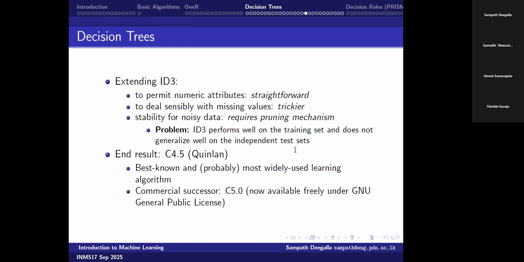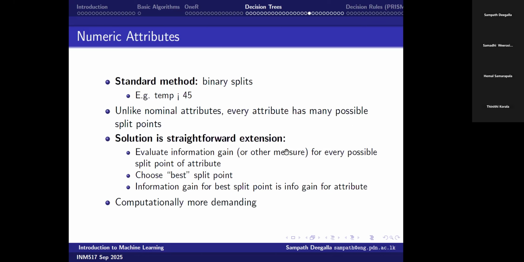Okay, first of all, extending the tree. What we have discussed assumes that your data set is nominal data. Now we have to extend this to handle numerical attributes. The problem with a numerical attribute is that when you want to calculate the entropy, you have to calculate for each and every value, which is problematic, but there's no other way that we can do it, right?